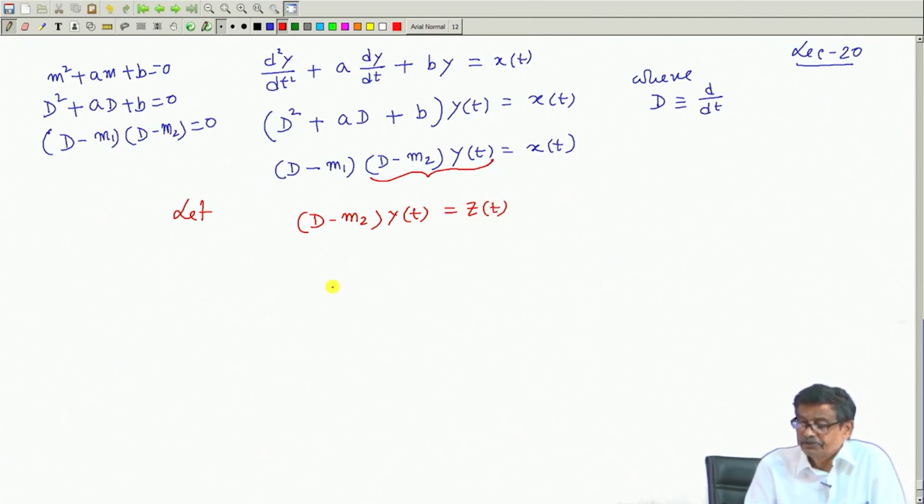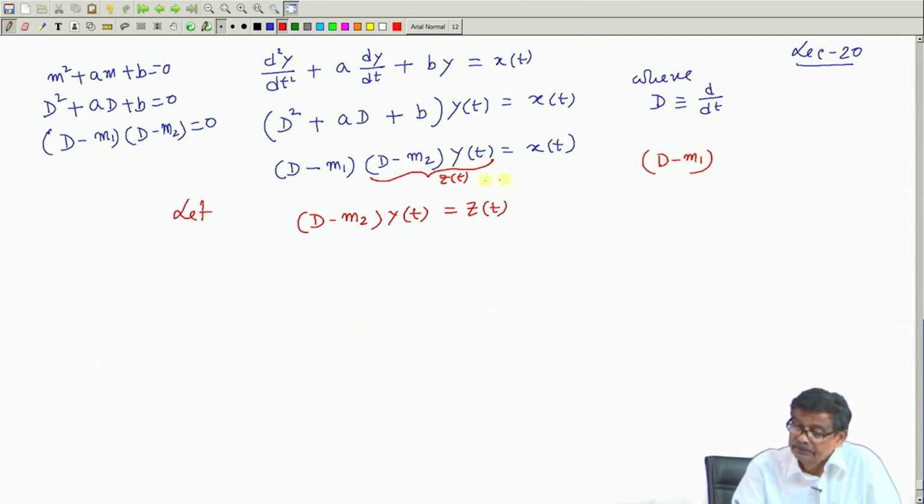It is a first order differential equation, and y(t) of course, I do not know yet, but if D minus m2 operates on y(t), it will give rise to some function of time, and that I am calling z(t). And then I will say (D minus m1) into z(t) is equal to x(t).